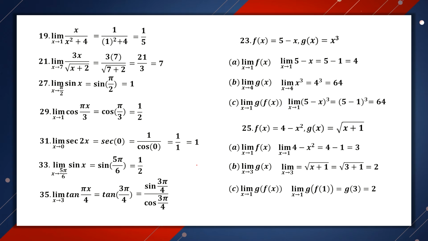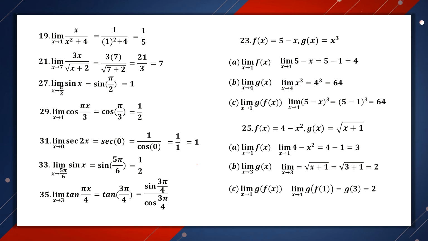And for 23, f(x) is equal to 5 over x, and g(x) is equal to x to the power of 3. For a, we must get the limit of f(x) as x goes to 1. So we just substitute 1 into the function and get the limit of x to 1 of 5 minus x equals 5 minus 1 equals 4.